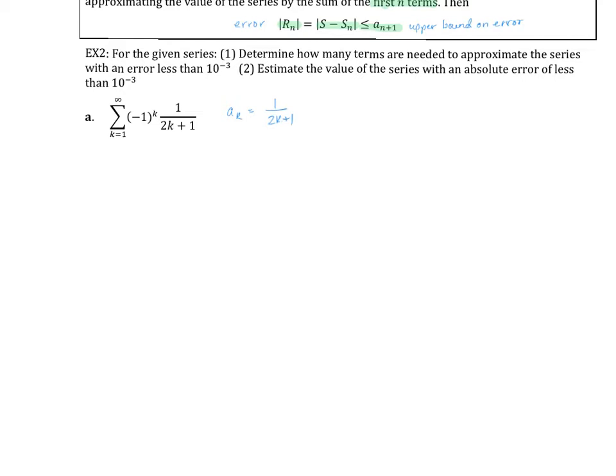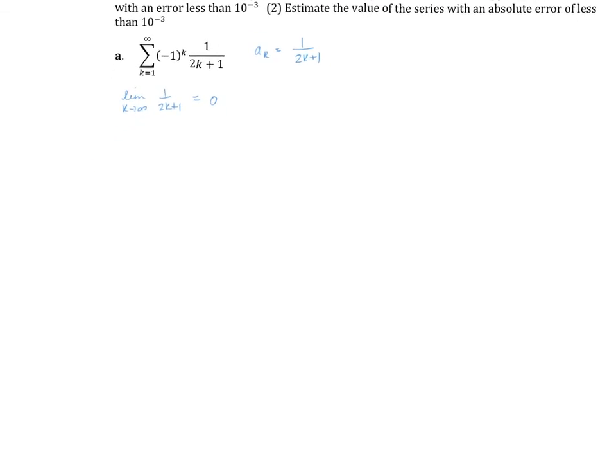So for this alternating series, I want to first take the limit as k goes to infinity of 1 over 2k plus 1. Notice that that's 1 over infinity, which is 0. So it meets the first condition of the alternating series test.